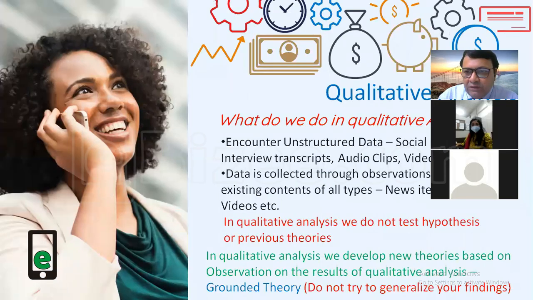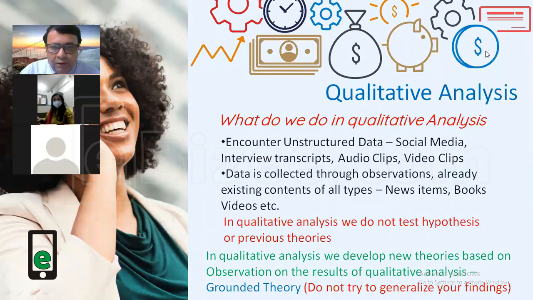So this is the first slide of the PowerPoint, and here I'm trying to explain what we actually do in qualitative analysis. The first thing that happens is that we encounter unstructured data. Why is it unstructured? We may have used some students or survey groups to find data, and they might not have used a single format.